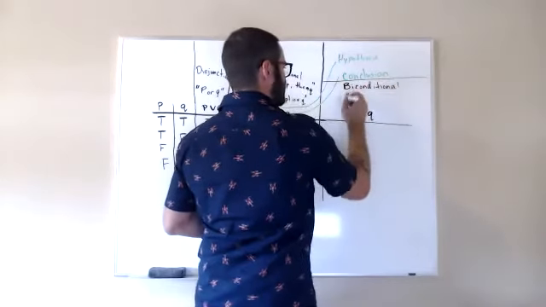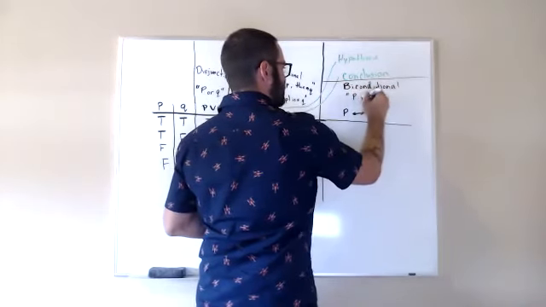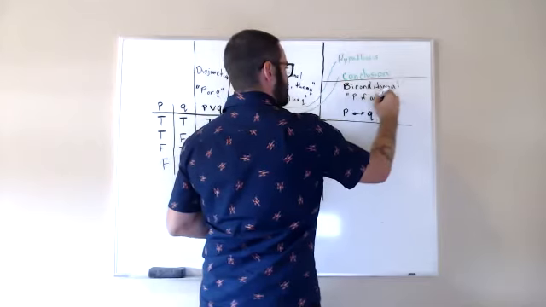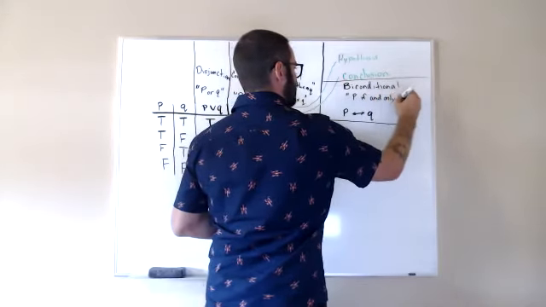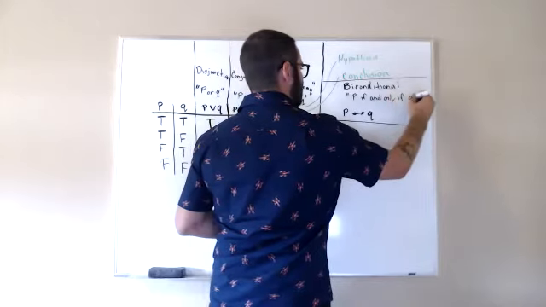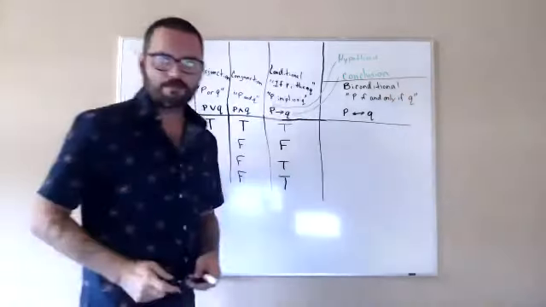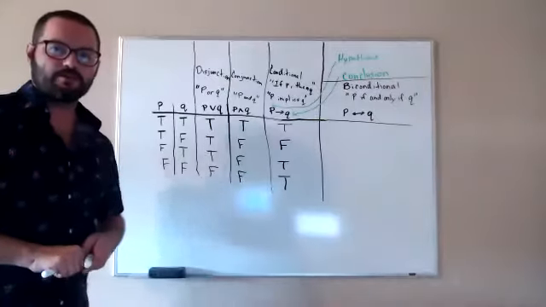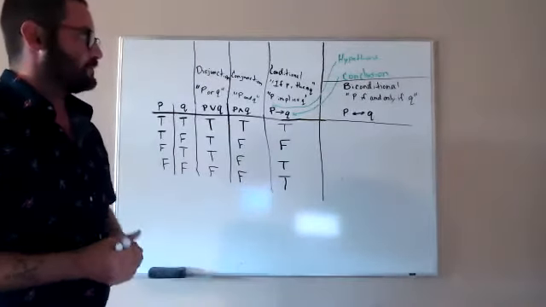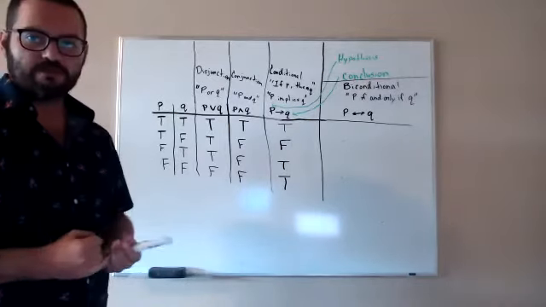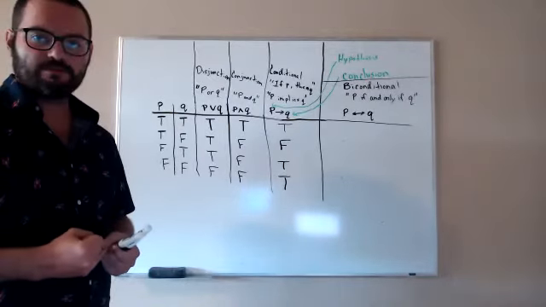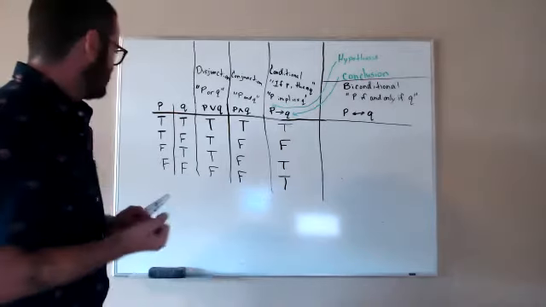And this reads P if and only if Q. Now, the biconditional is going to be true whenever P and Q have the same truth value.